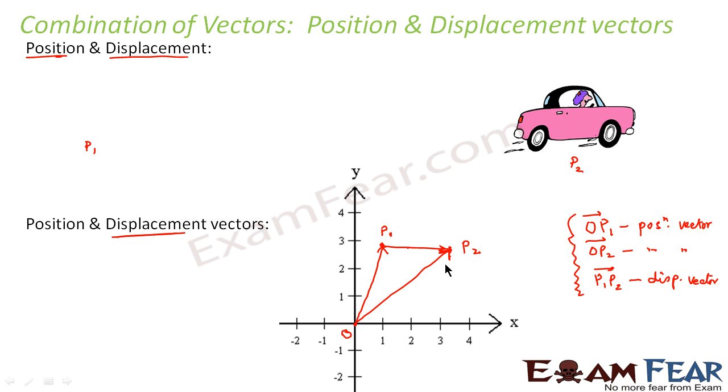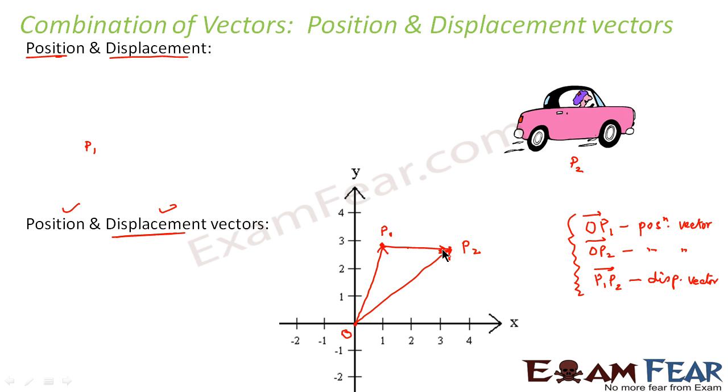What I tried to emphasize here is that the position vector is the basis of all vector quantities. Whenever we talk of any other vector quantity, it will be in terms of position vectors. So it is very important to understand what the position vector actually is.